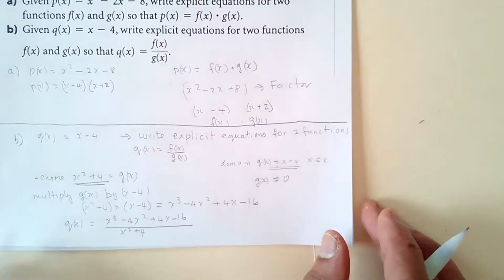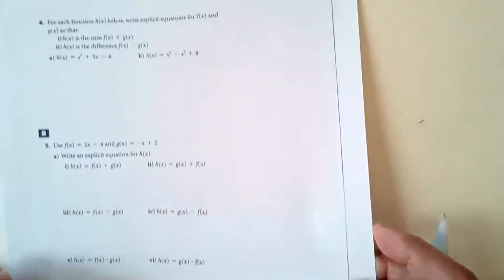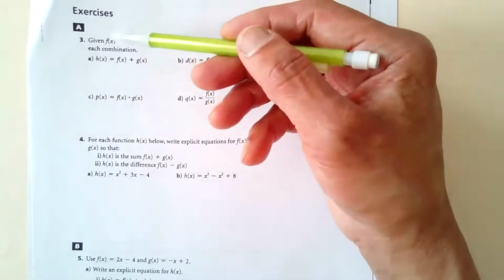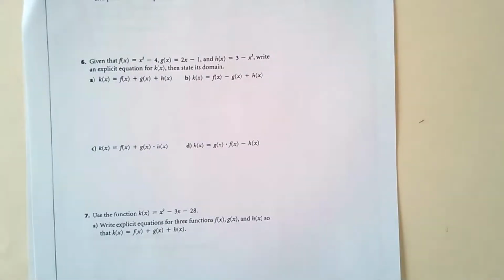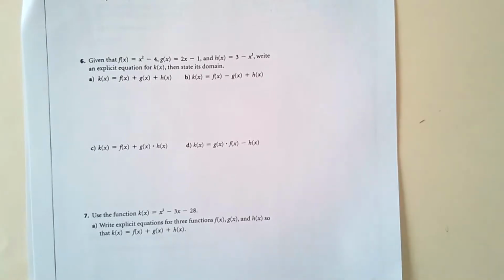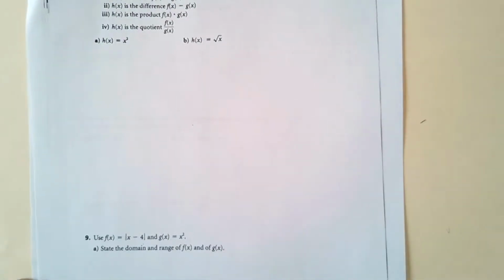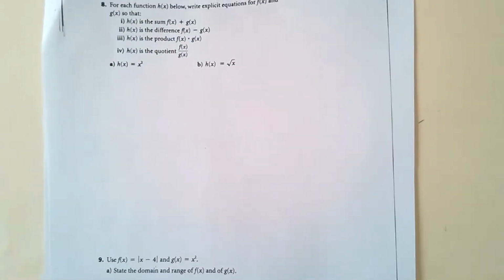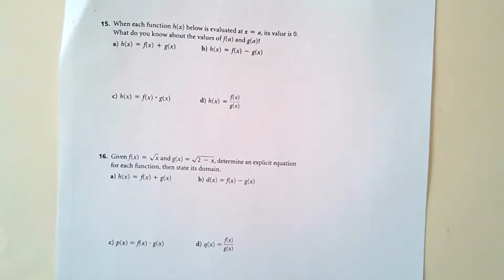Okay, so that's it for examples. Your task next is to work on exercise 3, questions 3, 4, 5 on page 278 of your textbook, and 6 and 7, questions 8 and 9, and 15 and 16.